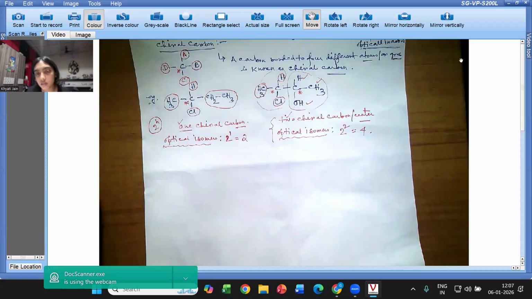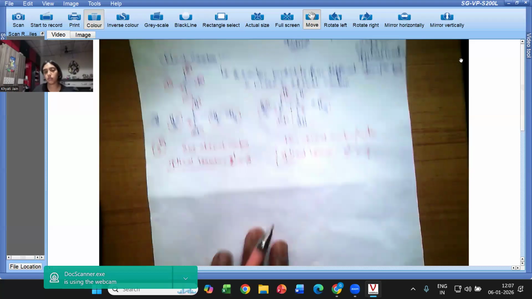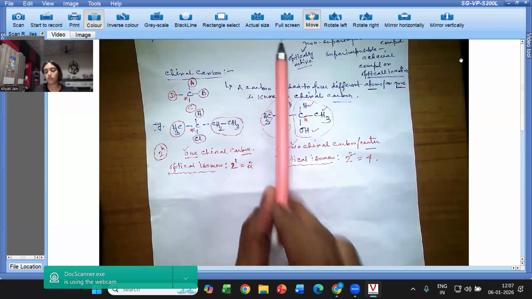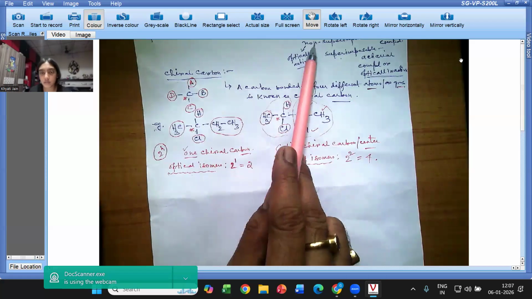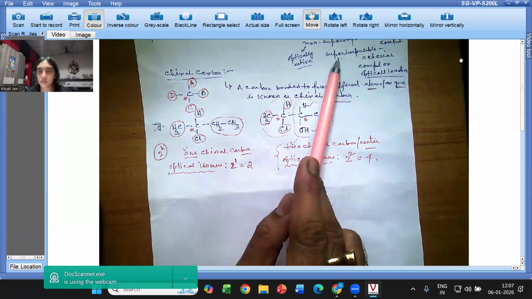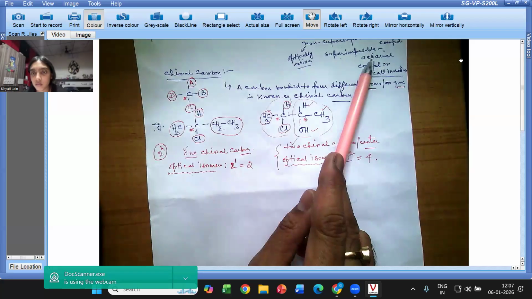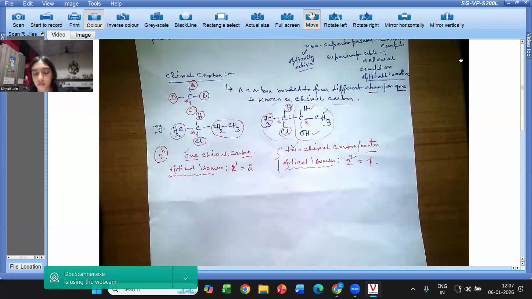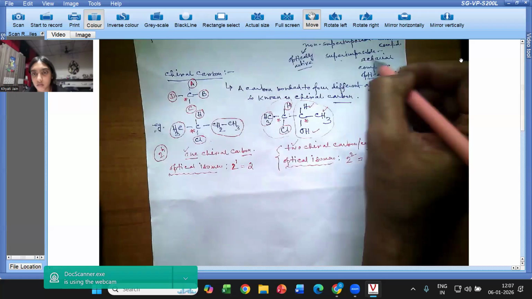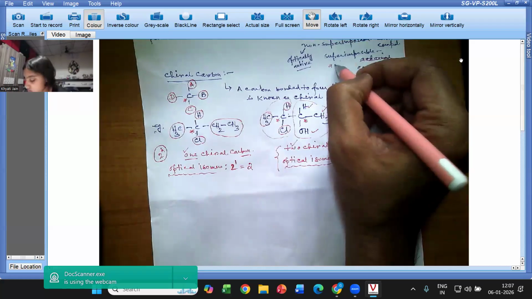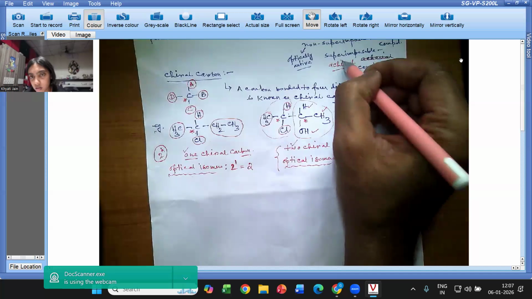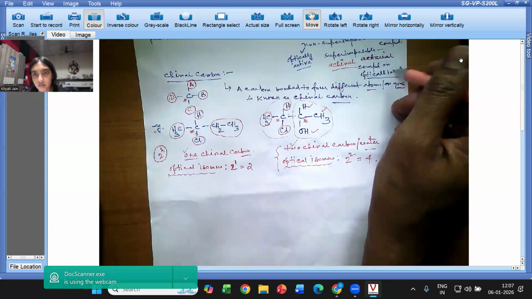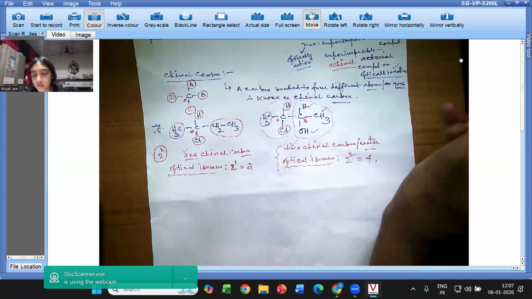Next, now what we have learned: optically active chiral compounds with non-superimposable mirror images. If superimposable, then achiral, chiral compounds or optically inactive compounds, right?